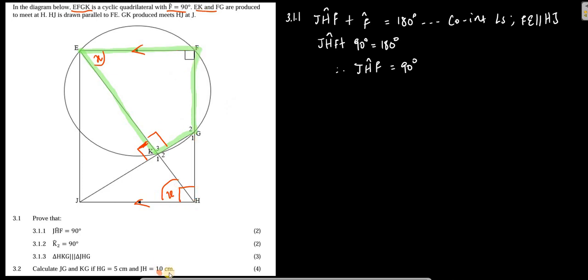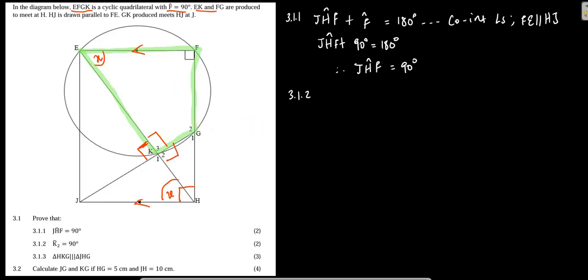Now next question, 3.1.2. It says prove that angle K2 is 90. It's going to be quite easy, because K2 is an exterior angle of the cyclic quad. This is a side of the cyclic quad which is extended, so this exterior angle will be equal to the interior opposite.